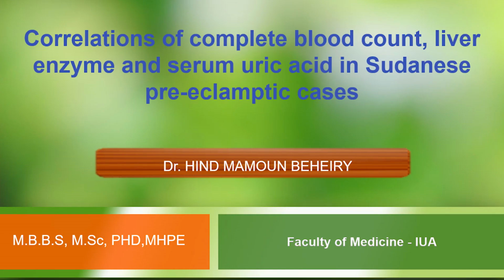The title of my presentation is Correlations of Complete Blood Count, Liver Enzyme, and Serum Uric Acid in Sudanese Pre-Eclamptic cases. The first slide of this presentation shows the title, which is Correlations of Complete Blood Count, Liver Enzyme, and Serum Uric Acid in Sudanese Pre-eclamptic cases.